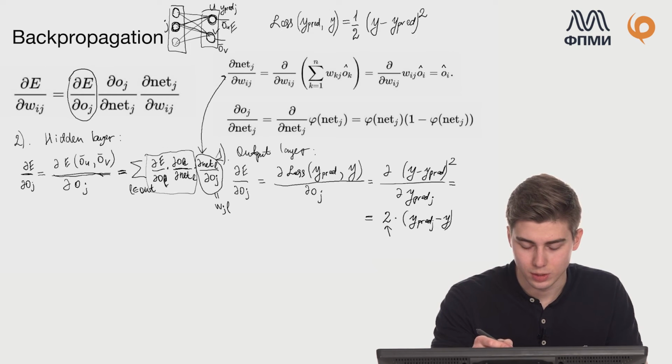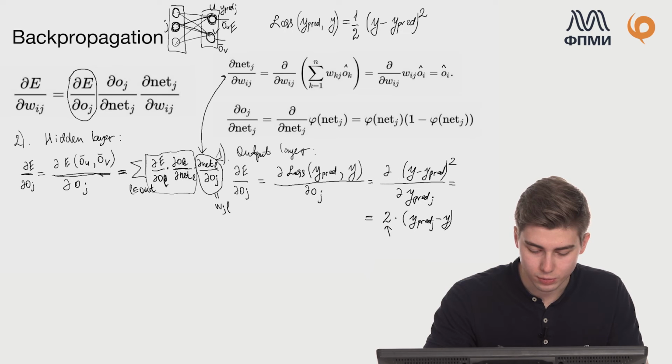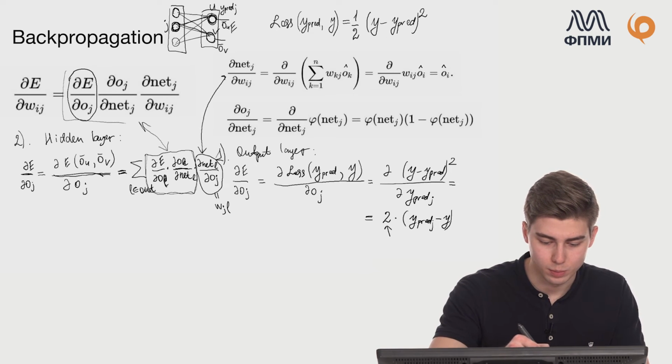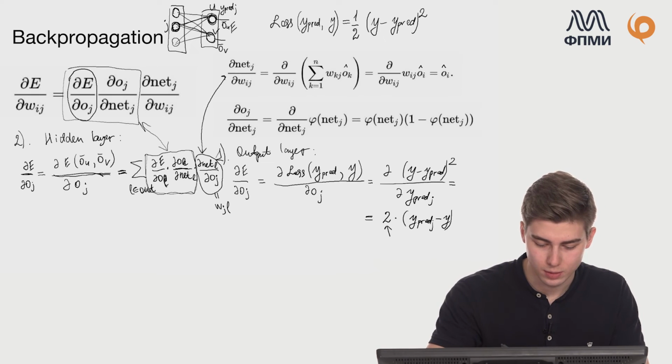It's just the linear transformation of the output neurons. So here we have the recursive form of the formula that we had before, that we have here. These parts of the expressions are just the same.